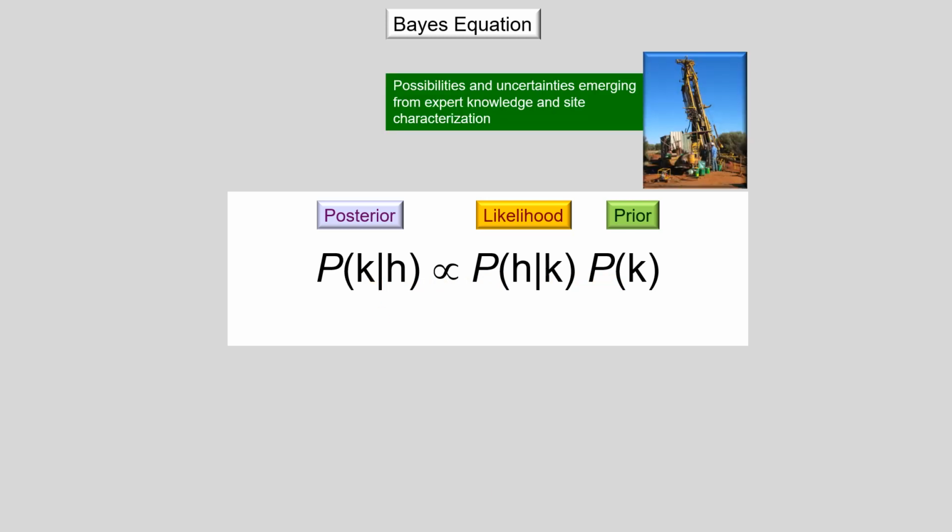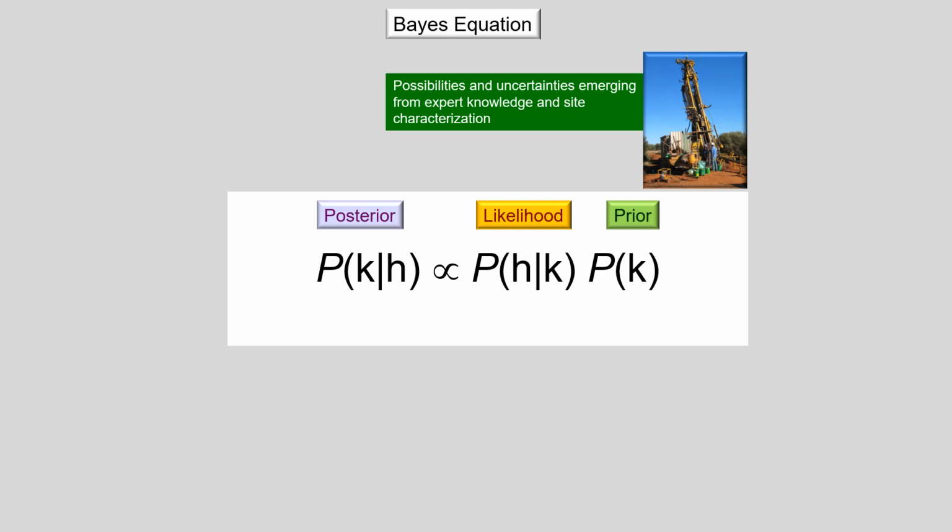Now, the prior probability distribution of parameters normally is an outcome of site characterization. Site characterization tells us what we know, what we don't know about the subsurface. We don't know the hydraulic property distribution of the subsurface exactly. It has to be described probabilistically.